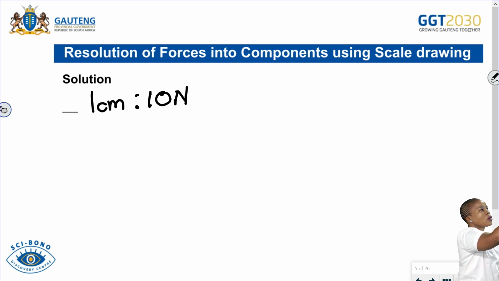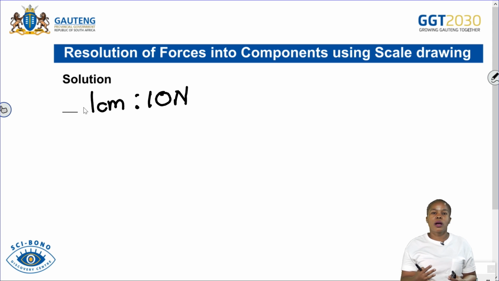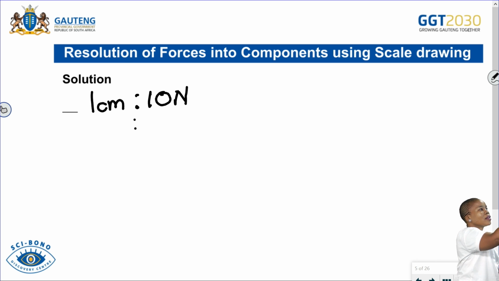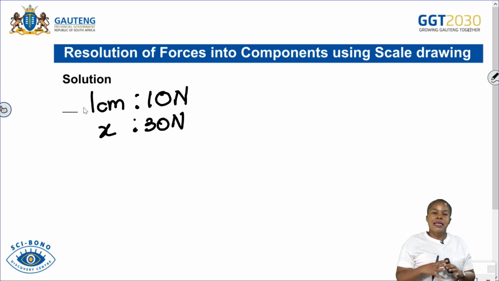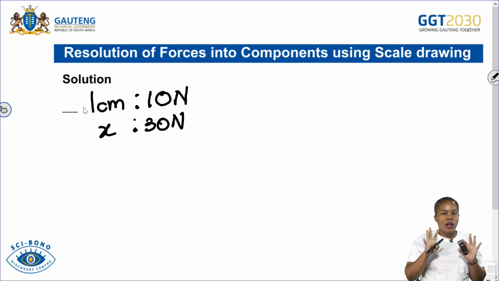Remember, we need to work out the magnitude of the line that is representing this vector. We are given 30 newtons, and we want to find out how much of it we are going to draw, because the scale helps us to enlarge or reduce.